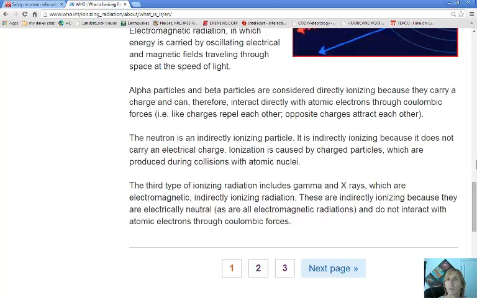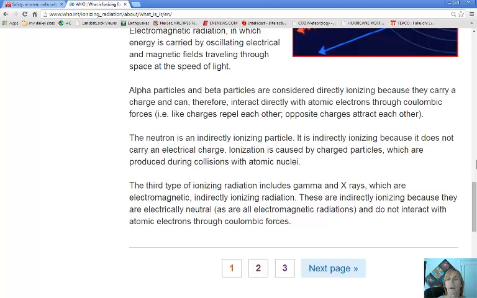It is indirectly ionizing because it does not carry an electrical charge at all. Ionization is caused by charged particles, which are produced during collisions with atomic nuclei. The third type of ionizing radiation includes gamma and X-rays, which are electromagnetic, indirectly ionizing radiation.